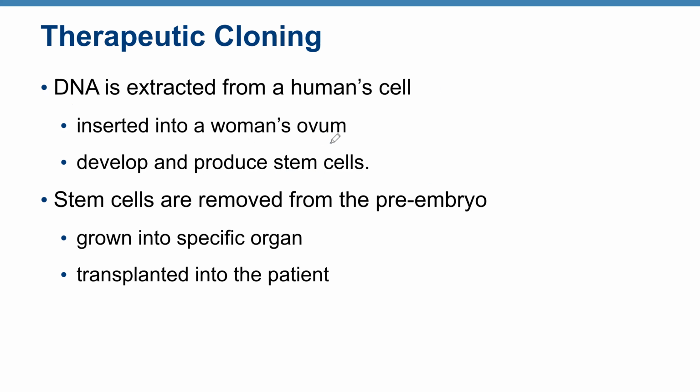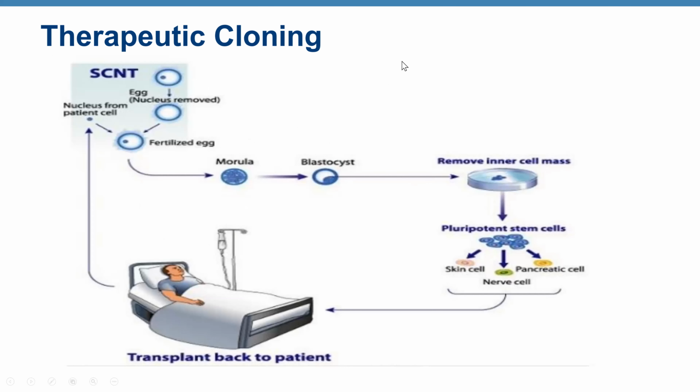Stem cells are removed from the pre-embryo, and they're grown in a specific organ and then can be transplanted into the patient, right? So that's our therapeutic cloning. So this is how it works.